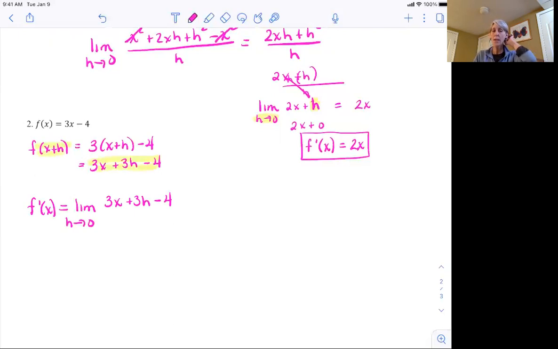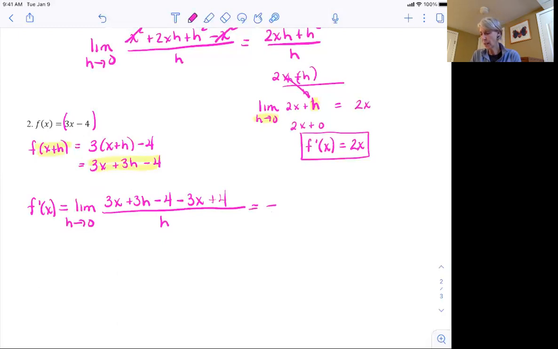Okay. And if you want to save a step, you know you're subtracting a quantity. So I'm just going to negate each term when I put it there. Just saves me one step of simplifying or writing. All over h. F of x plus h minus f of x over h.